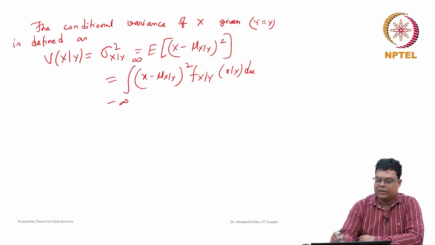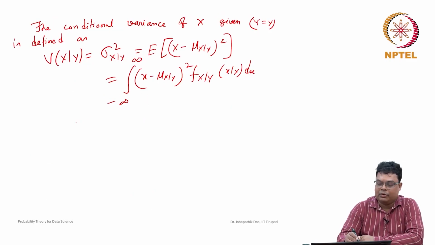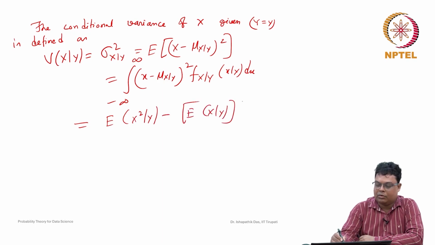Because it is a little difficult to compute, we will use a simplified formula. It is nothing but the expected value of x square given y minus the expected value of x given y whole square.